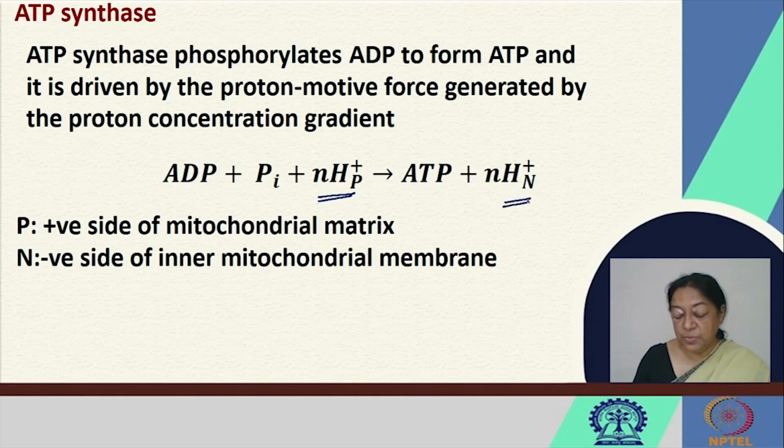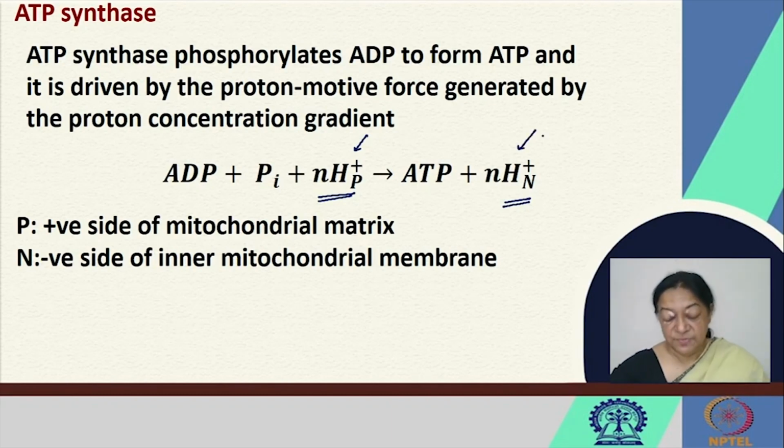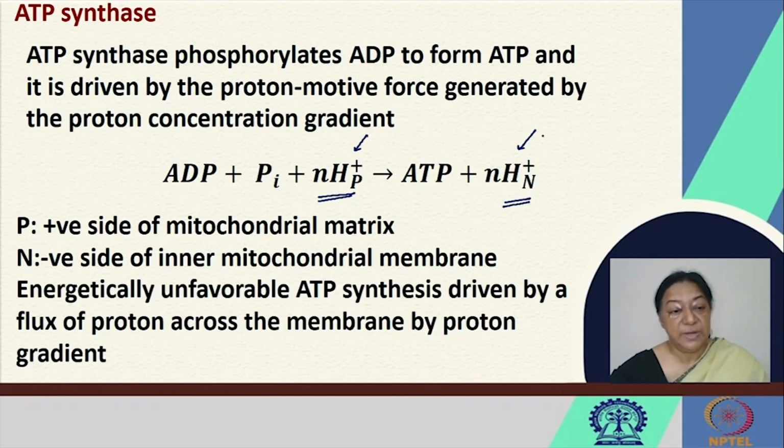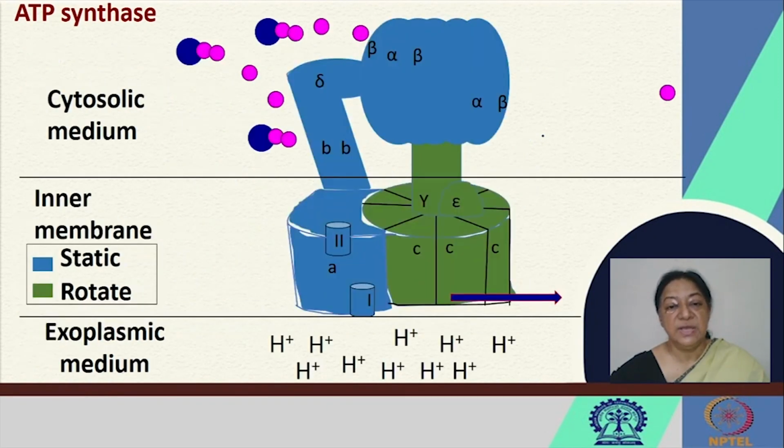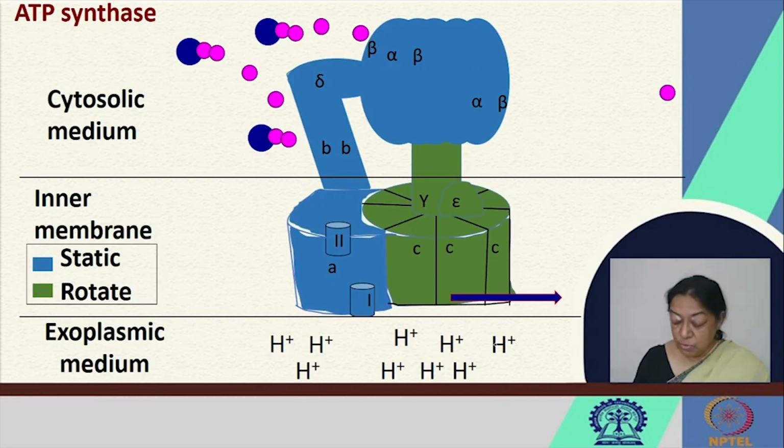So we have the positive side of the mitochondrial matrix and the negative side of the inner mitochondrial membrane. Then the energetically unfavorable ATP synthesis is driven by this flux of protons across the membrane by the proton gradient. And this is our series of steps that occur in the proton pump that we observe.